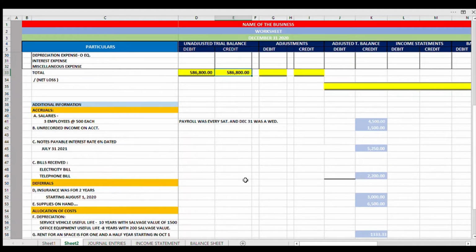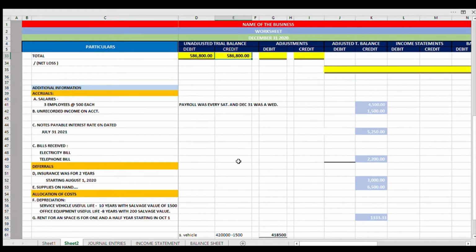So, let us hurry it up and go on para matapos natin siya. Okay? So, ang additional information given, actually, in the adjustment procedure, there are a few items to consider.